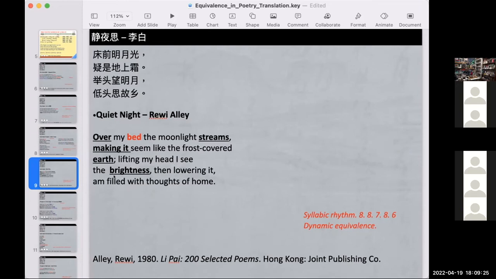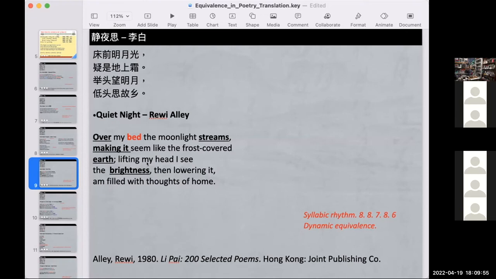Lifting my head, I see the brightness, then lowering it. See, he didn't repeat the word head. In Chinese, this repetition is so good, but in English, it may not sound that good. In English, when you say head at the beginning, then you don't need to say head again. You refer to your head as it, right? This is the natural way of writing in English.